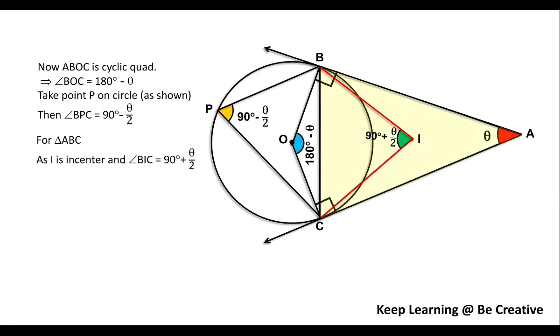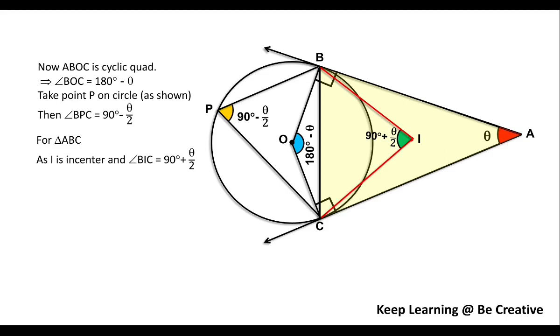Now let's move back to the triangle ABC. If you remember, at the incenter, that is at point I, we have seen that this angle is 90 plus theta by 2.